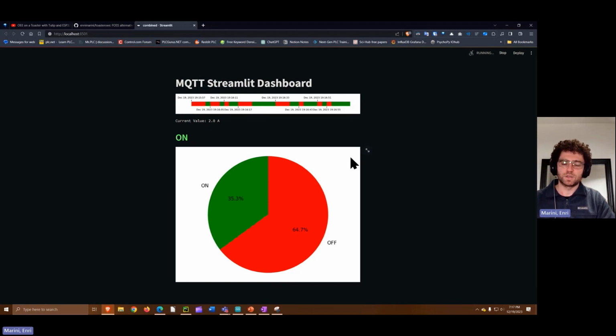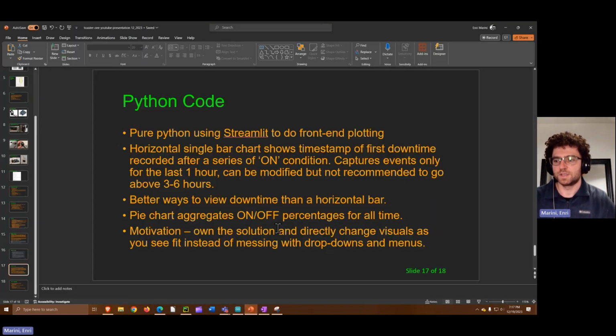And that's really the power of a platform like Streamlit compared to a purely GUI environment like a Mendix or a Tulip.